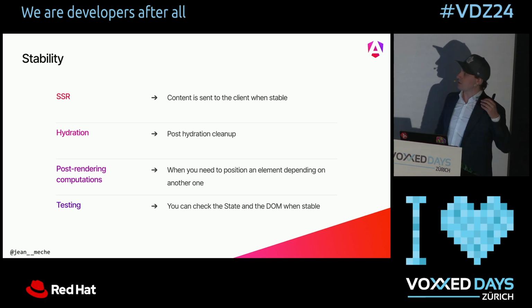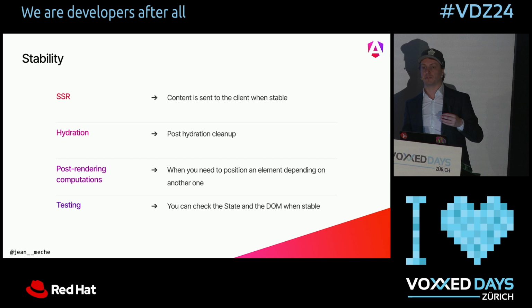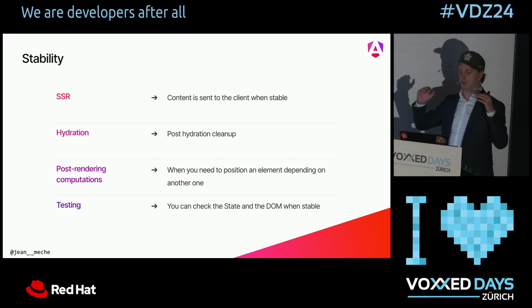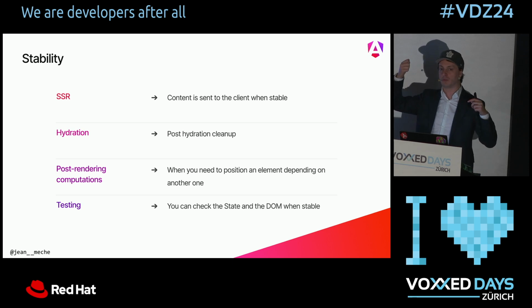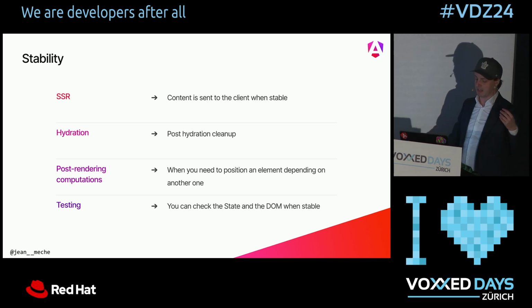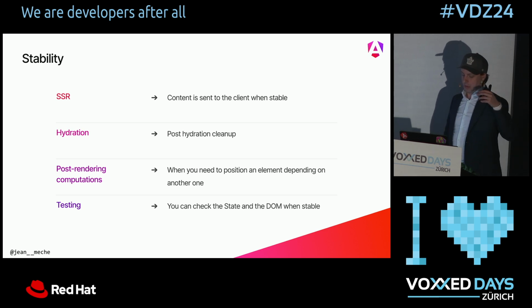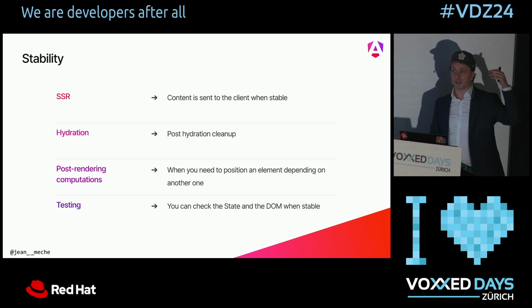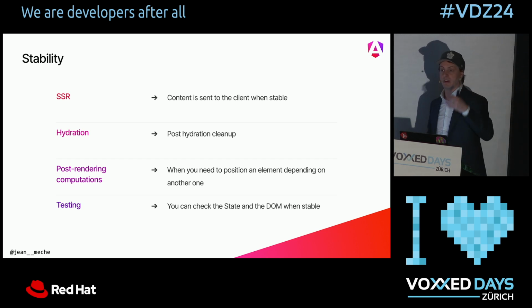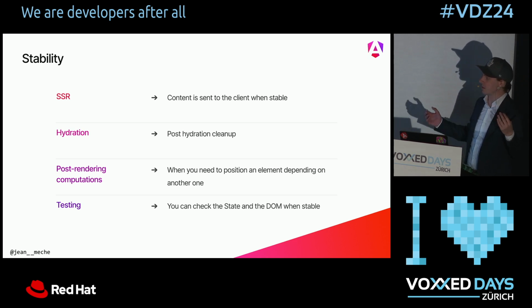We use stability also in the framework for hydration, to know when the application has finished all its treatment. Hydration will do some cleanup, and this needs to run only when the app is stable. Also, if you want to load a library when the DOM is finally rendered, you want to do this once the app is considered stable.